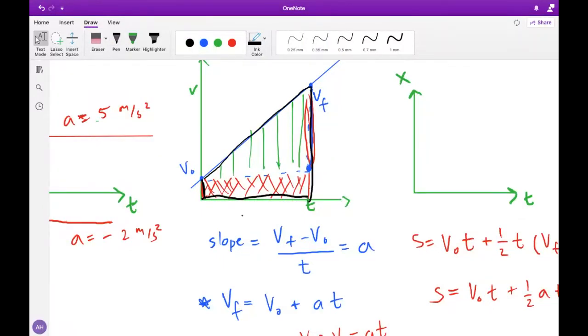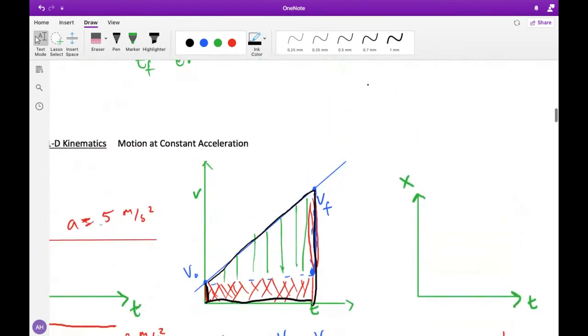Right? And so there's also an equation for the area of a trapezoid, so I'll write it right here. The area for a trapezoid is, let's see if I remember correctly, it's actually going to be one side plus the other side, right?